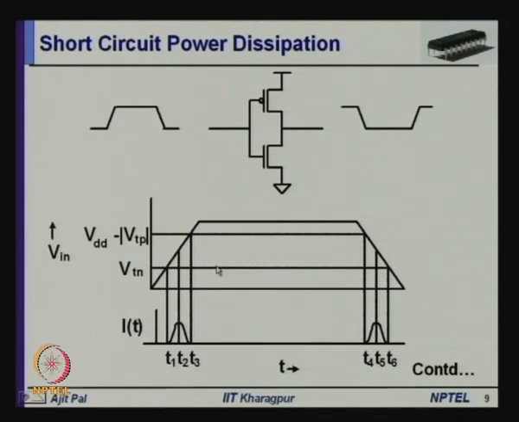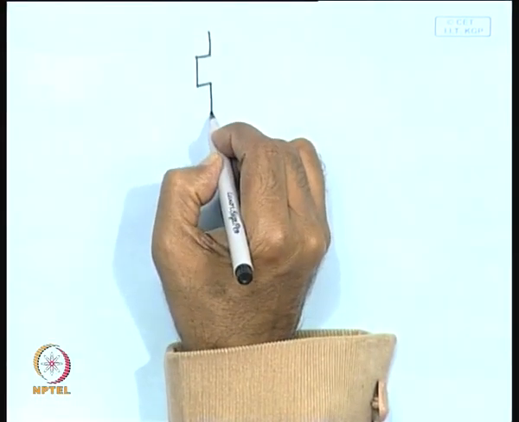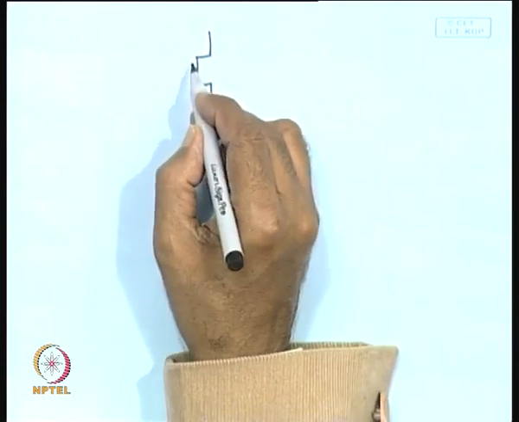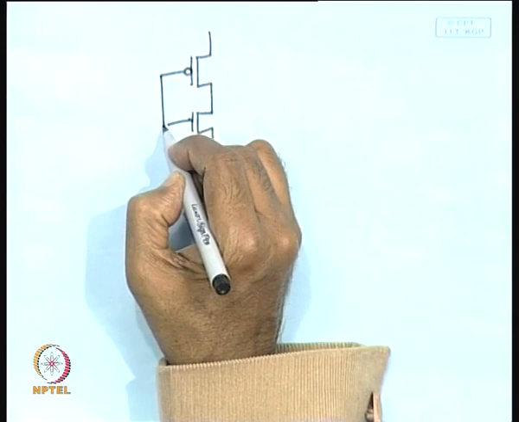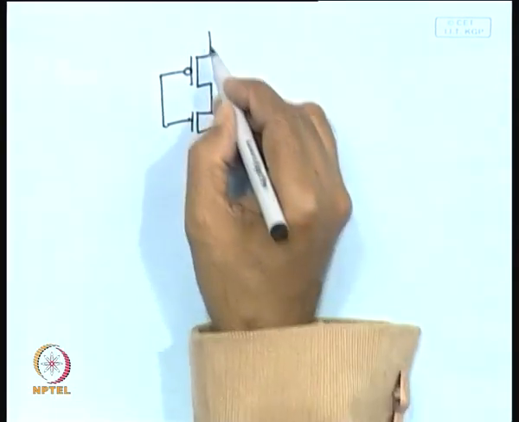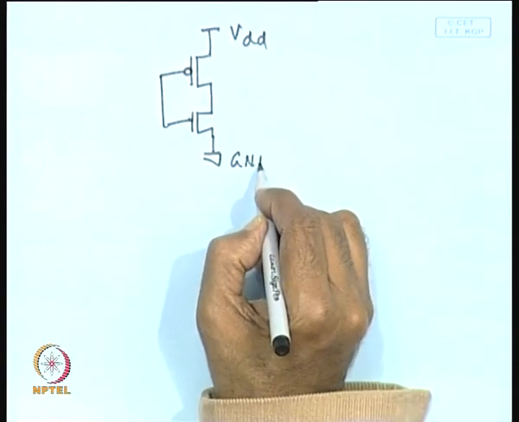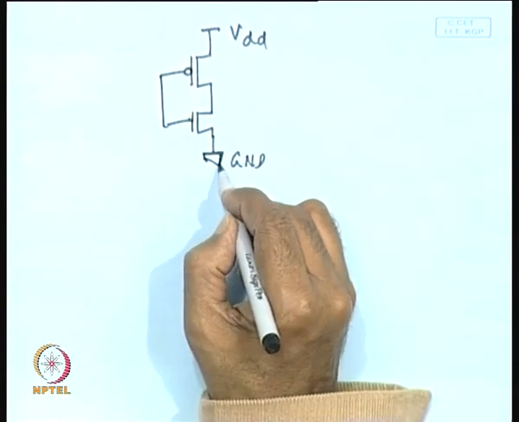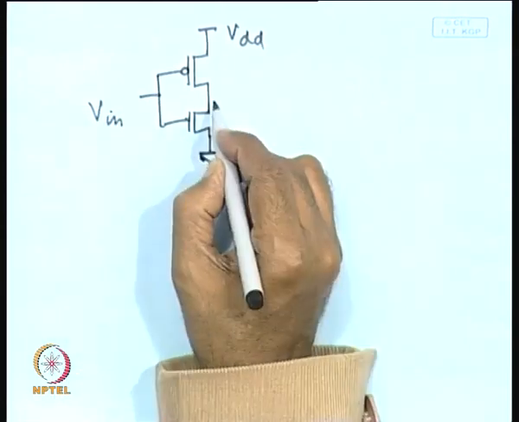Let me redraw it. Here you have a static CMOS inverter. This is a PMOS transistor, this is an NMOS transistor pull down, this is VDD and this is ground. You are applying V in and getting V out.